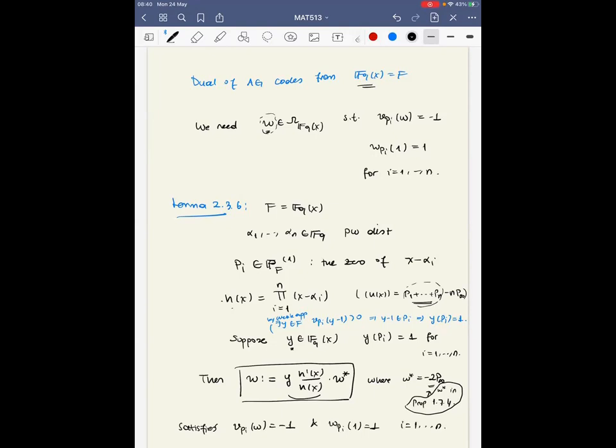And in particular, its canonical divisor is the canonical divisor of the right hand side, which has this explicit form.